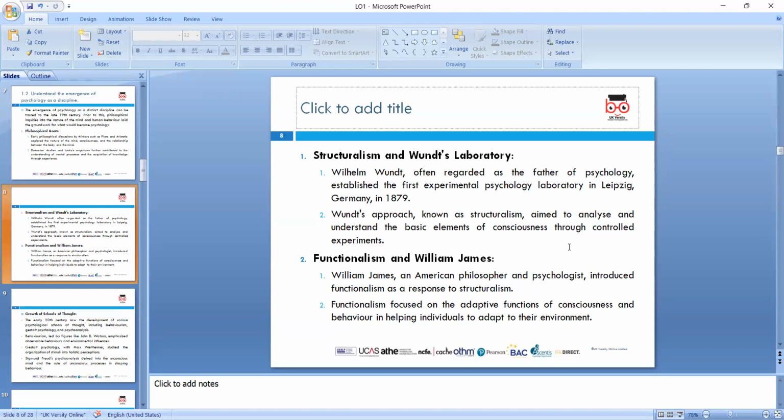What does a mind do? What is the function of consciousness? How is it expressed? William James tried to focus on the adaptive functions of consciousness and behavior in helping individuals to adapt to their environment by understanding the functions of mind, consciousness.